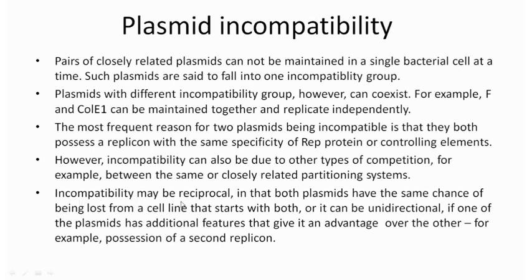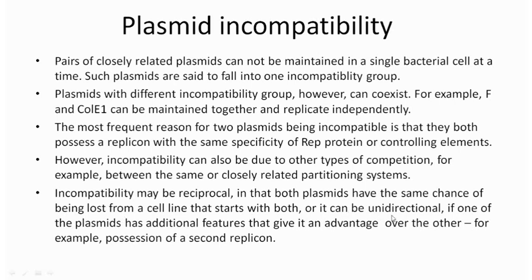When you forcefully insert two plasmids of the same incompatibility group in a cell, a competition will arise between them. And which plasmid will be eliminated? It's a reciprocal process. Any of the plasmids can get eliminated during cell division. They have the same chance of being lost.